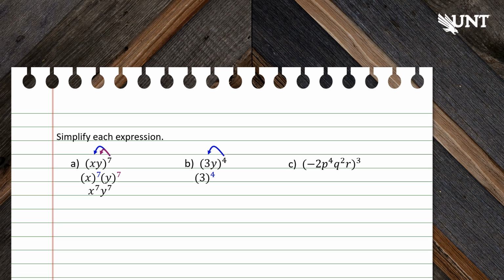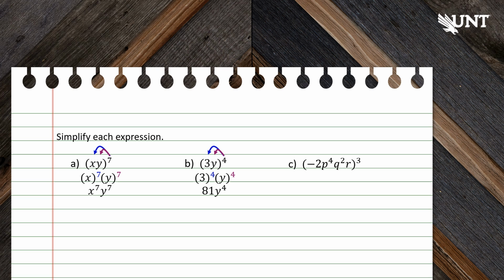The next factor is y, so it'll distribute and become y to the power of 4. Once we have distributed the exponent, we want, if possible, to evaluate anything. 3 to the 4th is something we can calculate. 3 to the 4th really means 3 times 3 times 3 times 3, which is a value of 81, and y to the 4th cannot be evaluated, which means it stays the same.